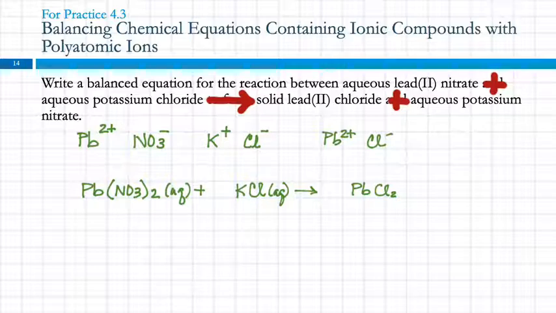It's not going to be confusing because it's not a polyatomic ion. That's solid. And then the last one is potassium nitrate, potassium ion, nitrate ion, +1 and -1. And so KNO3, aqueous.